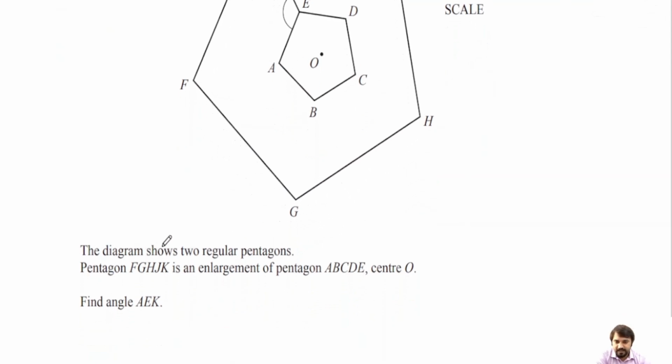The question is: the diagram shows two regular pentagons. Regular pentagons means all sides and angles are equal.